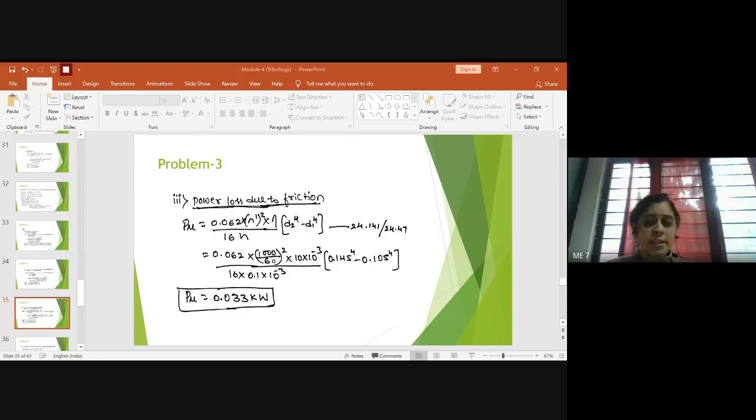For any type of question given, these will be the data given. The only possible parameters you can evaluate are three: the supply pressure, the rate of flow, as well as the power loss due to friction. This is the other type of problem you get related to hydrostatic. We have done hydrodynamic bearings already for full journal bearing, right?